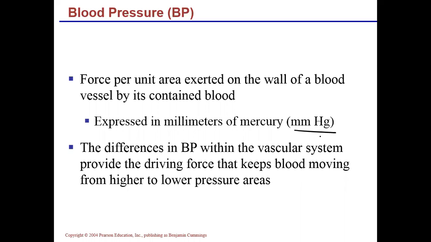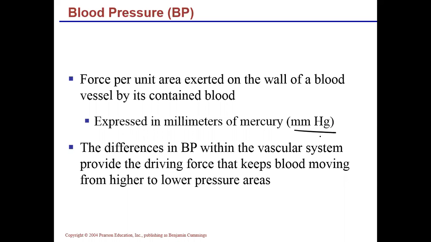The differences in blood pressure within the vascular system basically provide the driving force, allowing the blood to move from higher to lower blood pressure areas. And we already talked a little bit about the resistance, opposition to flow, but we wanted to talk about the factors that are affecting the blood pressure.